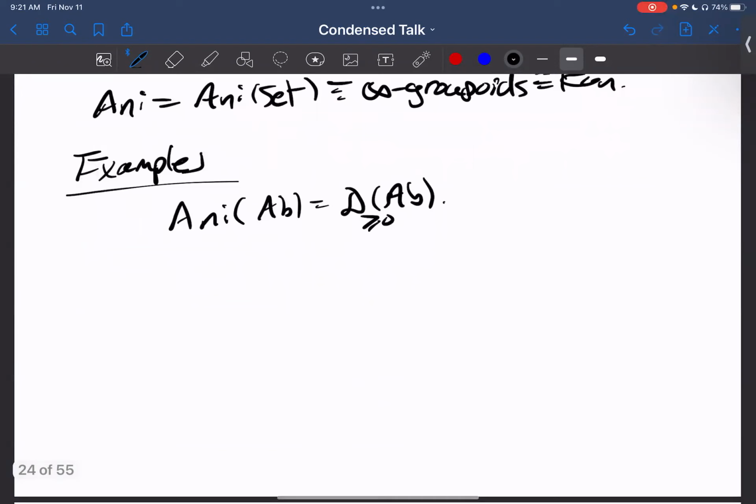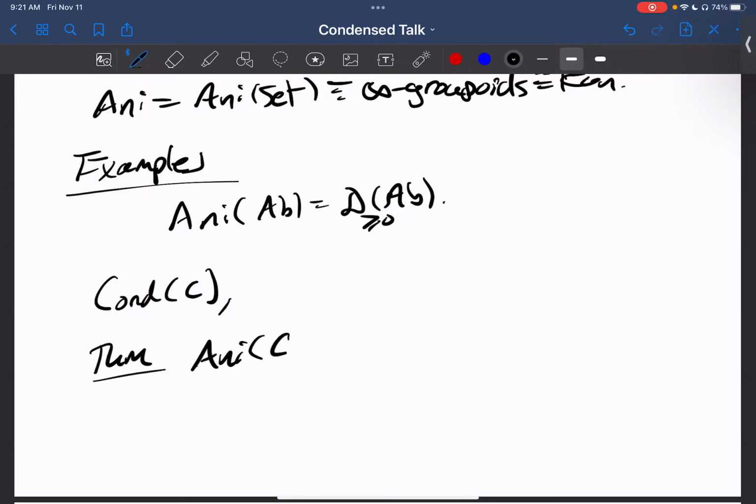So one thing we can also talk about is condensing a category, where we use the same procedure as before, modulo set theoretic issues, which are there, but we don't talk about them for now. So we can also talk about condensing, and we can ask, how does this interact with animating? Well, in fact, you can prove that animating and condensing commute.